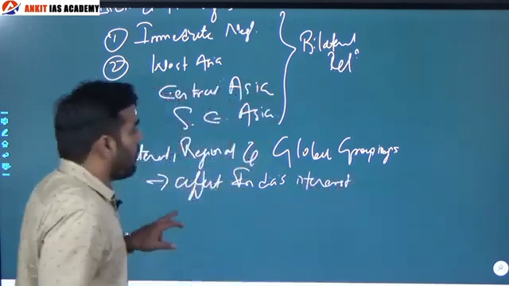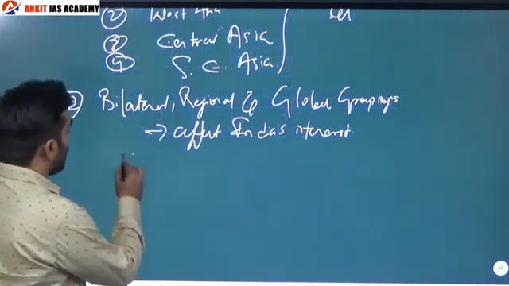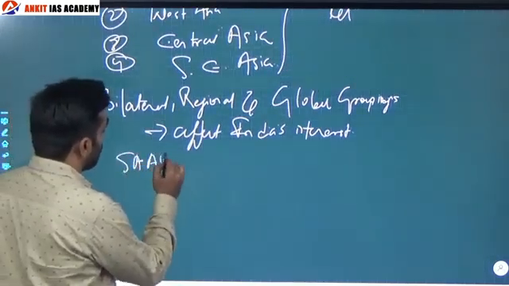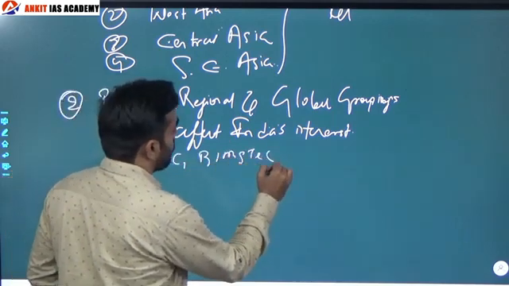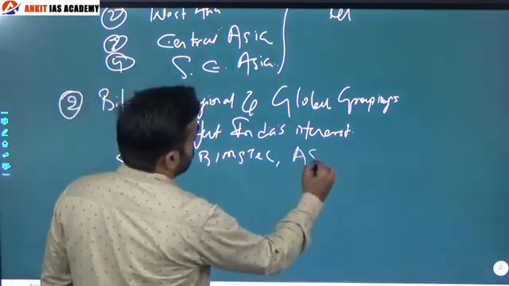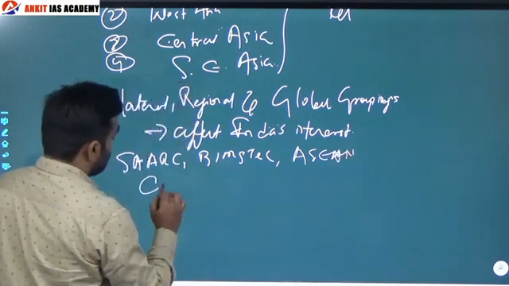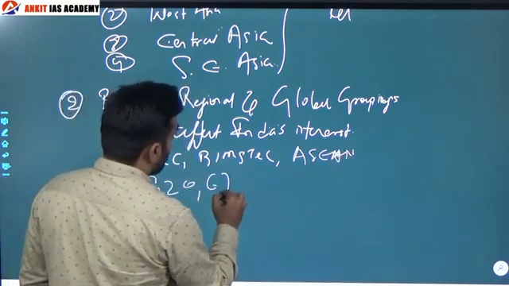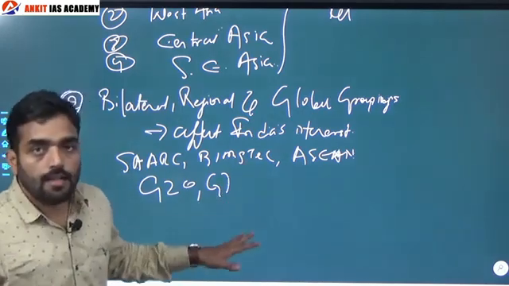So which are all regional and global groupings that affect India's interest? Let's start with SAARC. Then there is BIMSTEC, ASEAN, G20, G7. So these are all regional and global groupings that affect India's interest.